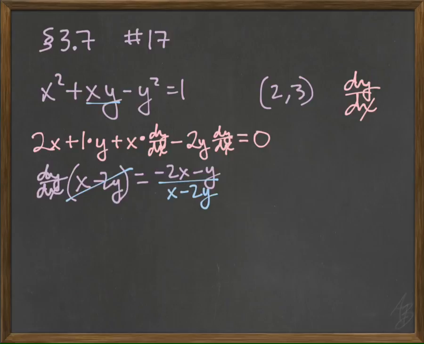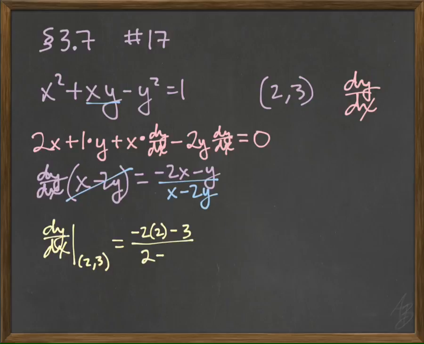So then, if we want to find the slope of the curve at the point (2, 3), what are we going to do? We want to know what dy/dx is at (2, 3), and we're just going to plug in 2 and 3 for x and y.